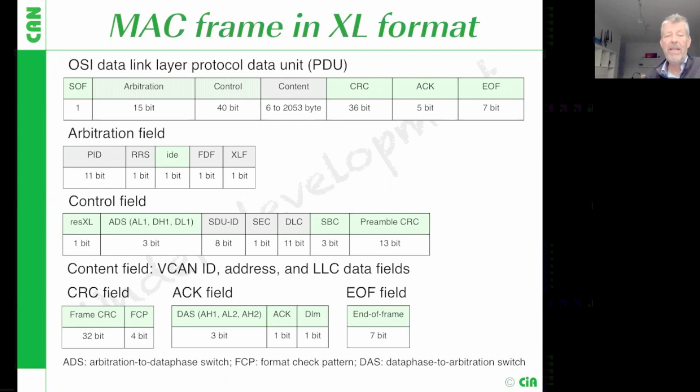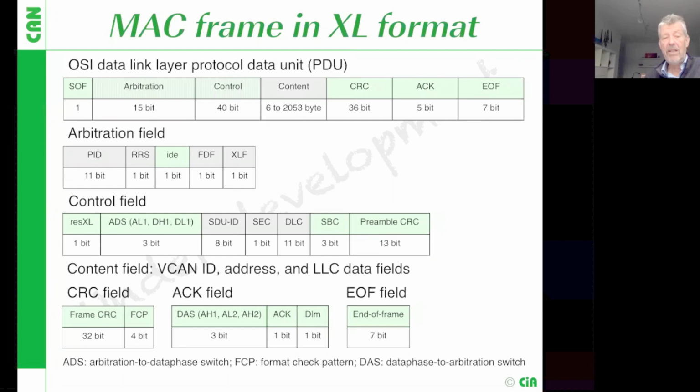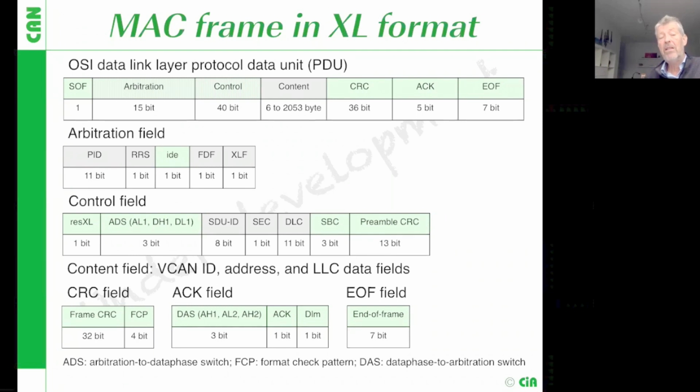And then we have the ADS field. The ADS field is a 3-bit field with 3 bits, AL1, DH1, and DL1. Not going too much in detail, this is needed to switch from the arbitration to the data phase.